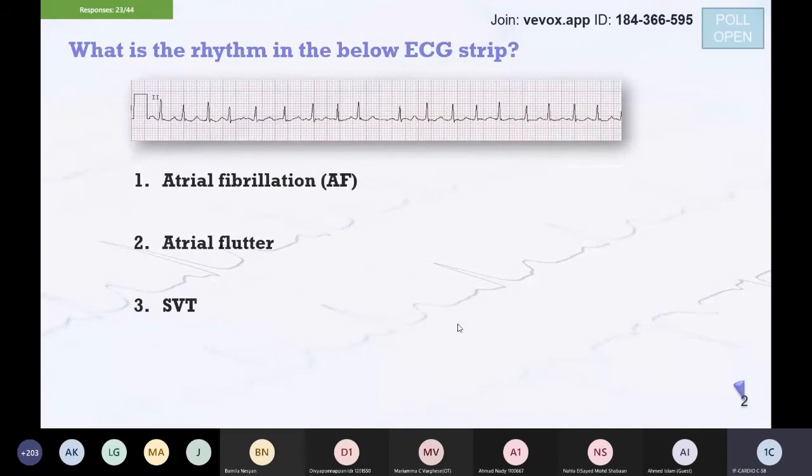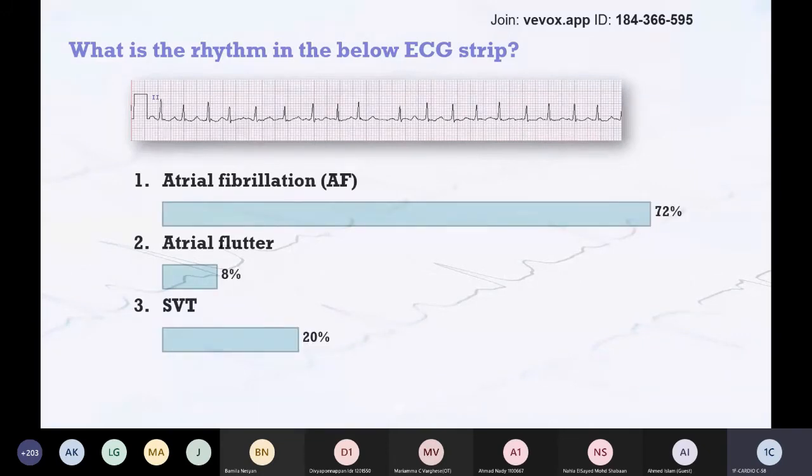Atrial flutter has a specific mnemonic, locking. So 72% chose atrial fibrillation, which is the correct answer. So why is atrial fibrillation the correct answer here? Because this is completely irregular and there is no sawtooth, as we said before. So we don't have this sawtooth, and the SVT should be very regular, but here if you look at this strip, it's completely irregular.